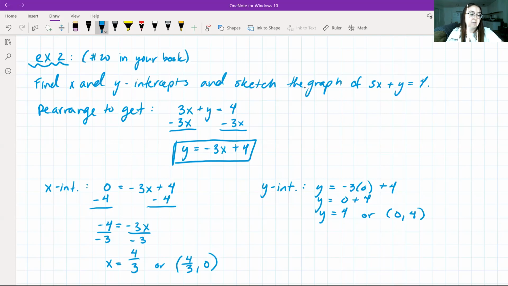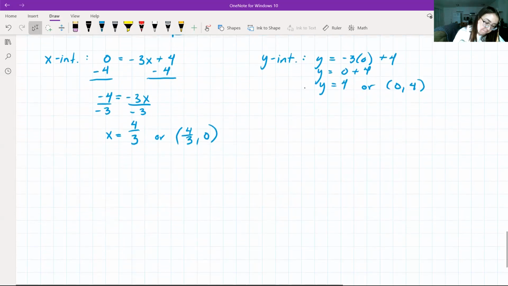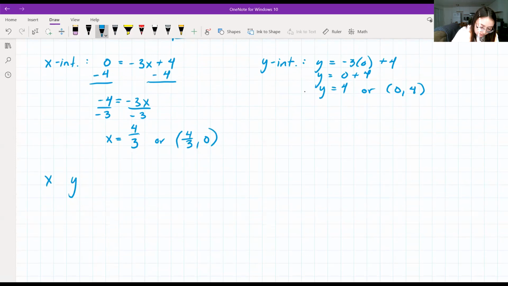And now we want to graph. So if we do that, the first thing we want to do is set up a table just so we have a good range of values that we're going to test. So we're going to set up a table here.